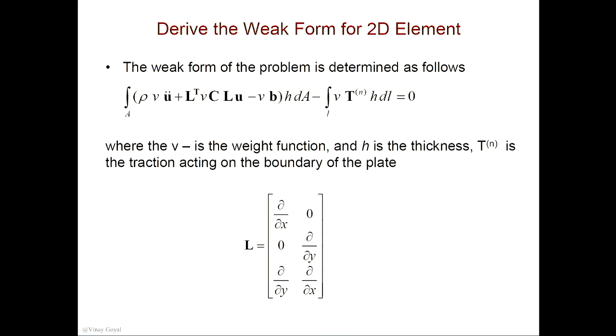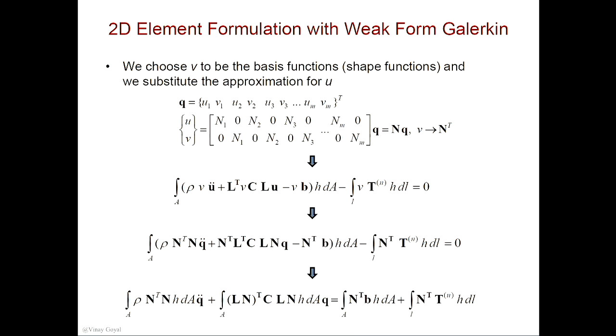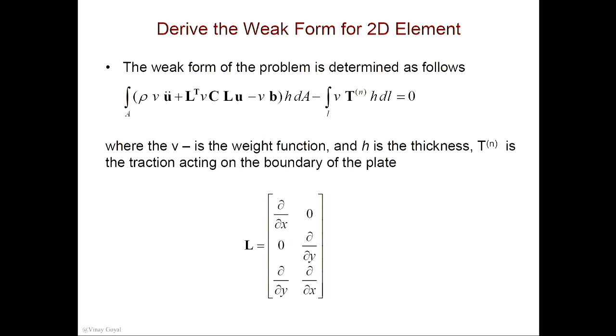So now this is the weak form of the problem. L is given by that, but that is the weak form of the problem. And I'm ready to now apply weak form Galerkin as the approximation method. Oh, and H is the thickness of the plate, or if it's plane strain, the thickness in the Z direction.